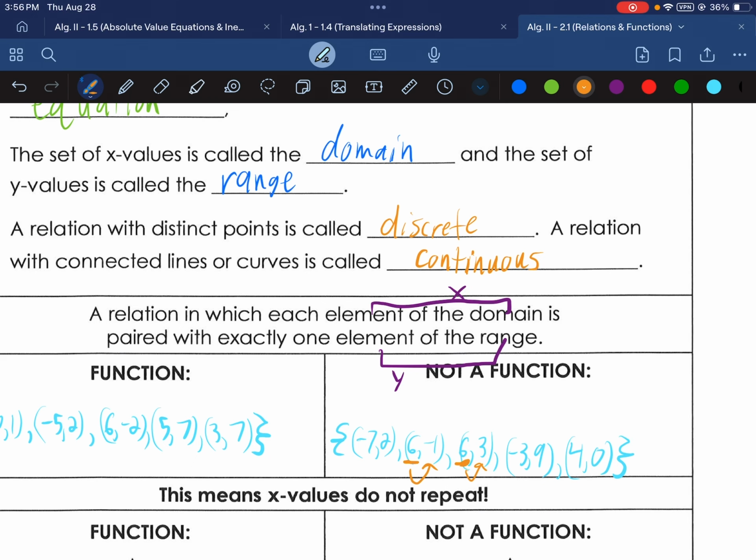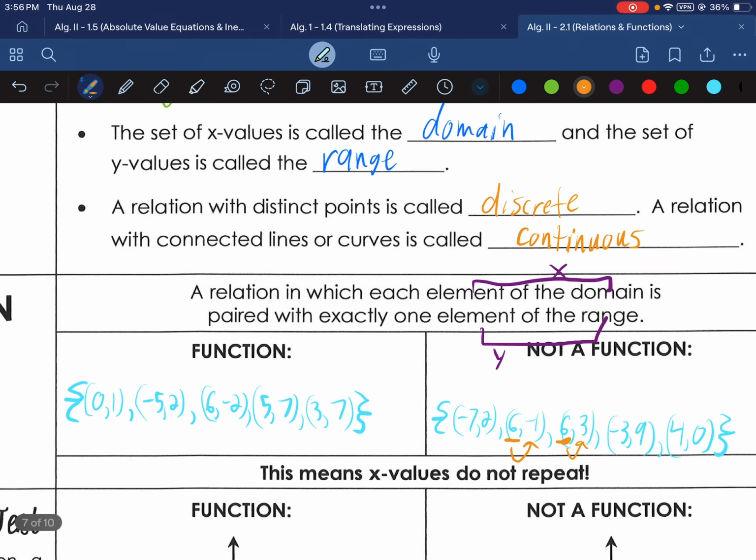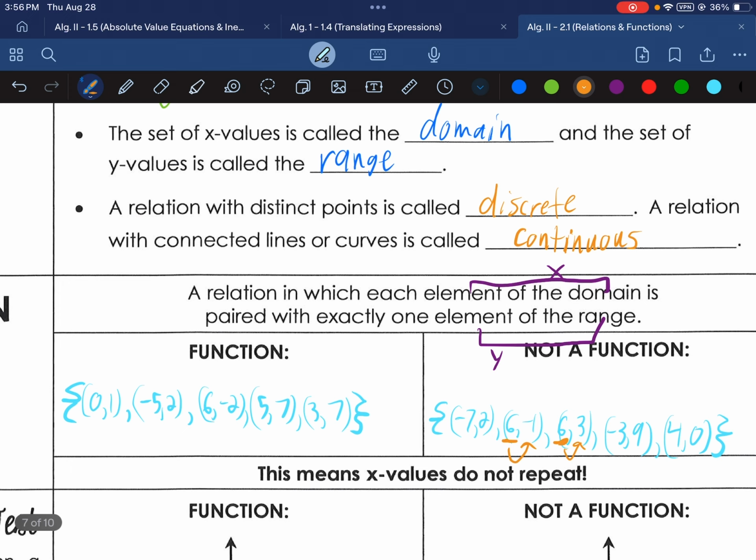A good way to think about it is a vending machine. For example, a function would be how a vending machine works. You put something in, the x value, and you get something out. So let's say for 0, I push E5, and that's 0, and then I get a Pop-Tart out.